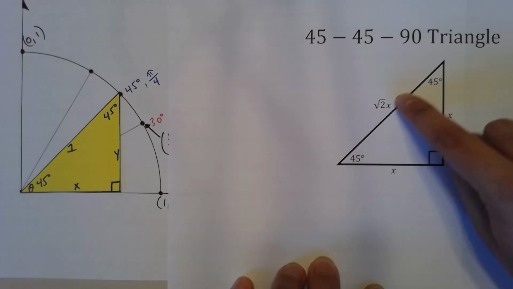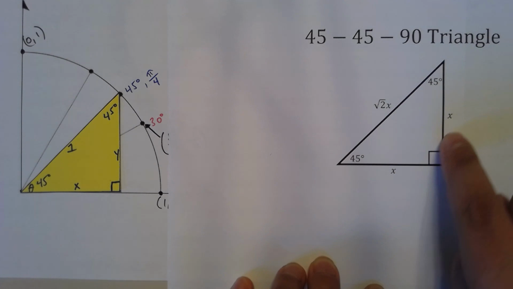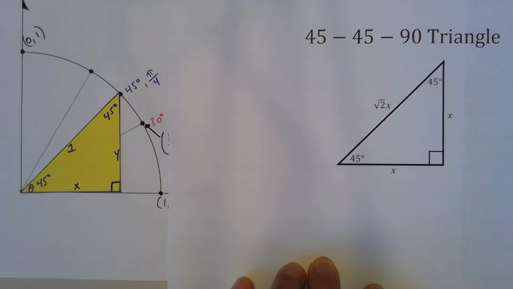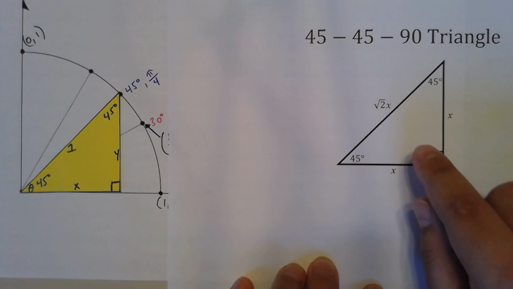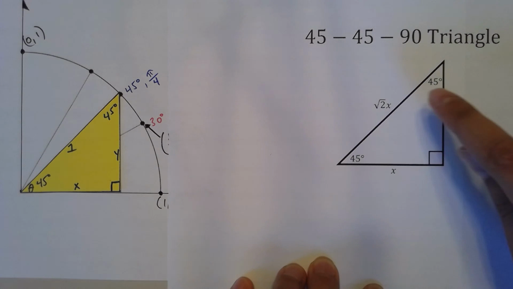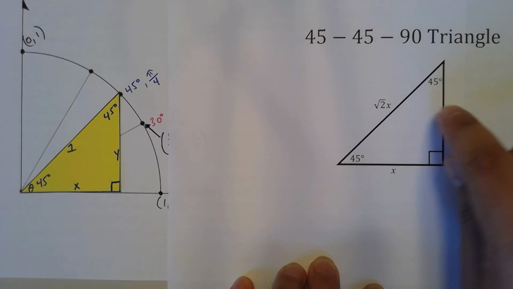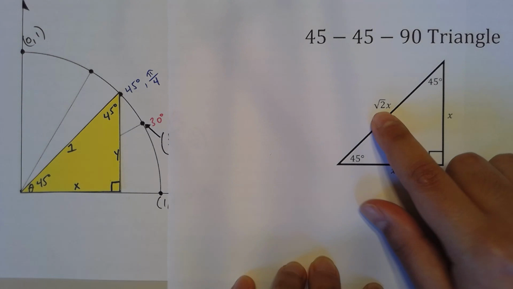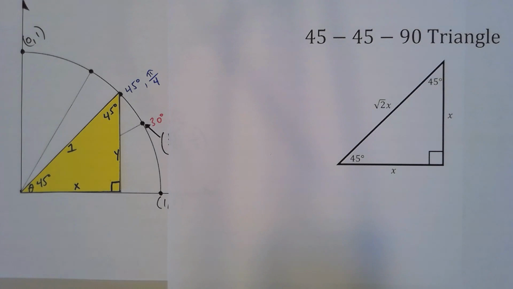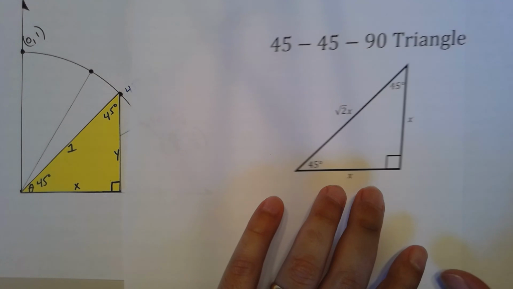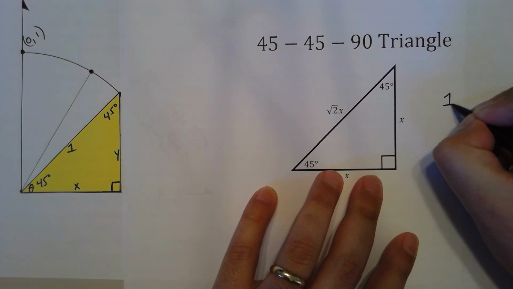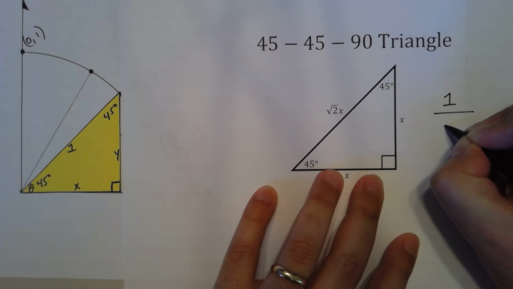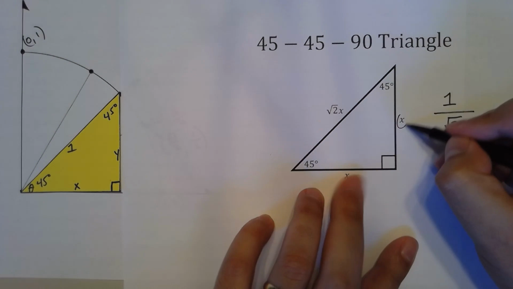This guy right here is this, or this, times the square root of 2. Well, the problem is we have this, but I don't have this. So to go from here back, I'm not going to multiply times the square root of 2. I'm going to divide by the square root of 2. So I'm going to take what I know, my radius is 1, and divide that by the square root of 2 to get these guys right here.